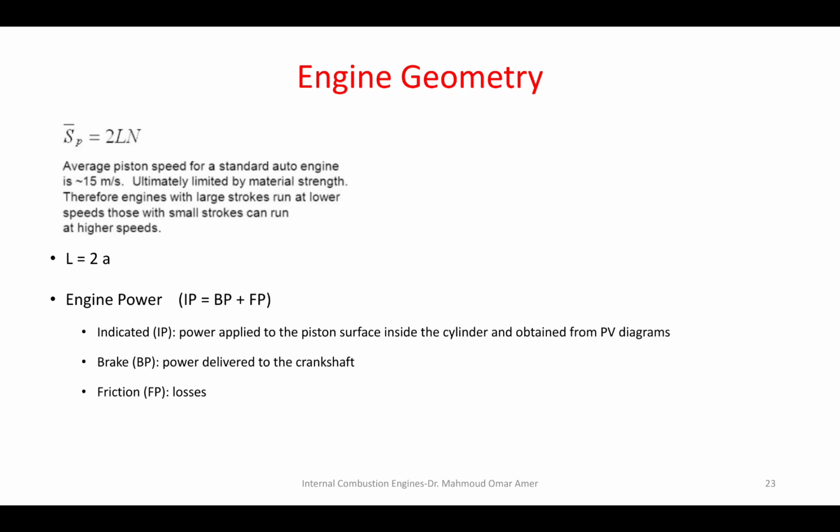So we need to calculate an average speed of the piston across the cycle. The rule for the average linear piston speed is 2Ln. L is the stroke, 2 is 2 times the stroke, and N is the RPS, because we calculate the speed in meters per second.